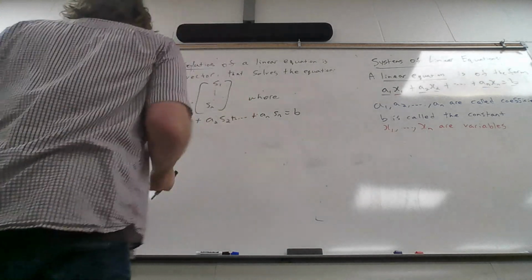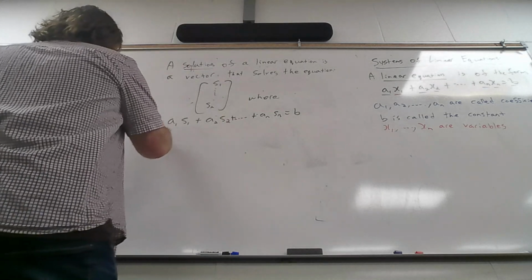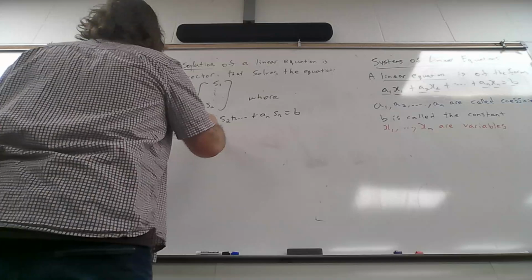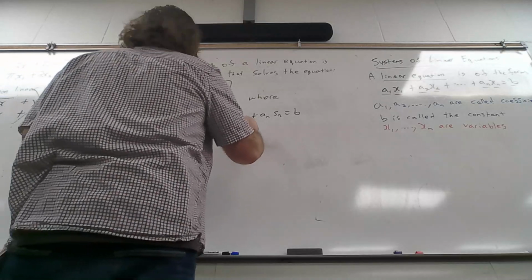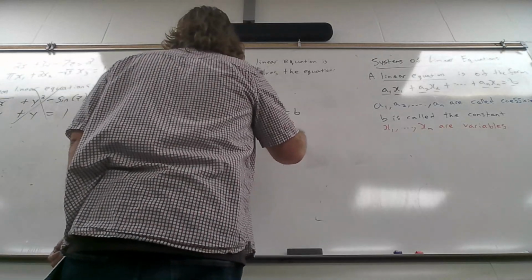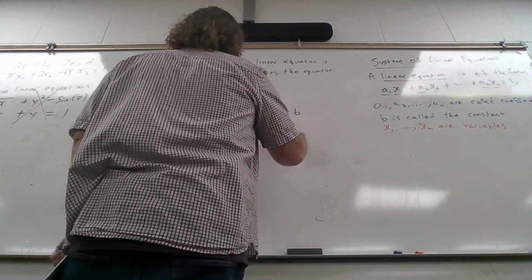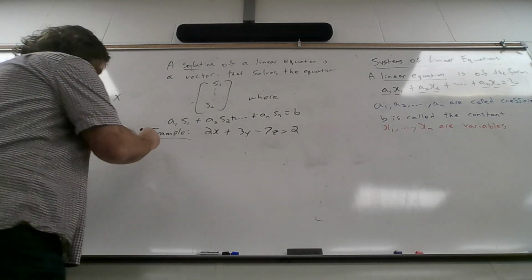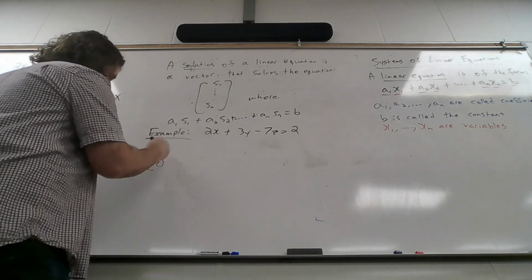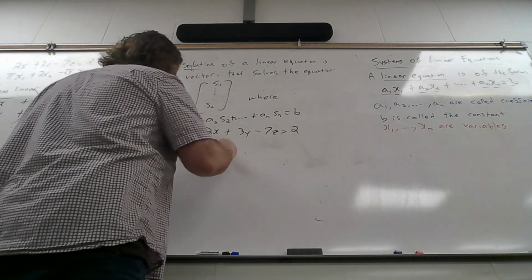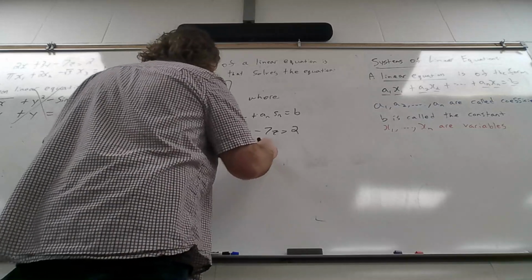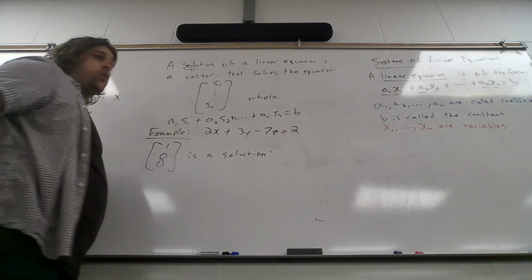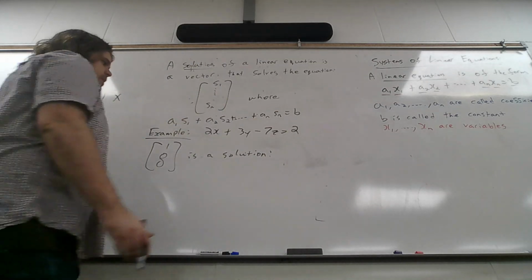So an example, let's take a look at this first one right here: 2x plus 3y minus 7z equals 2. So 1, 0, 0 is a solution. Why? Because when we plug these numbers in for the variables in order, it works.